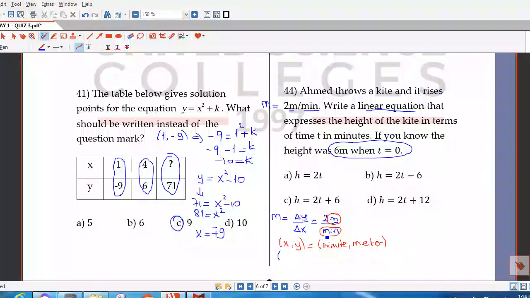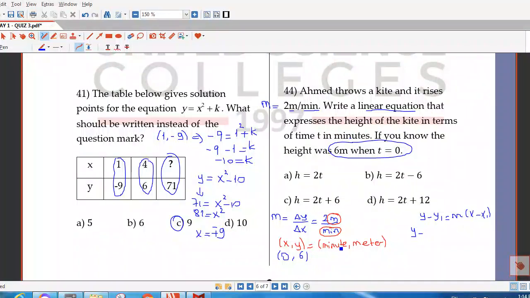Instead of x, I am going to write the minute. So at t is equal to 0, the height was 6, so (0, 6) is the point, and I know the slope, so I can write the equation of the linear relation. y minus y1 is equal to slope times (x minus x1) is the equation which helps us if I know a point and a slope.